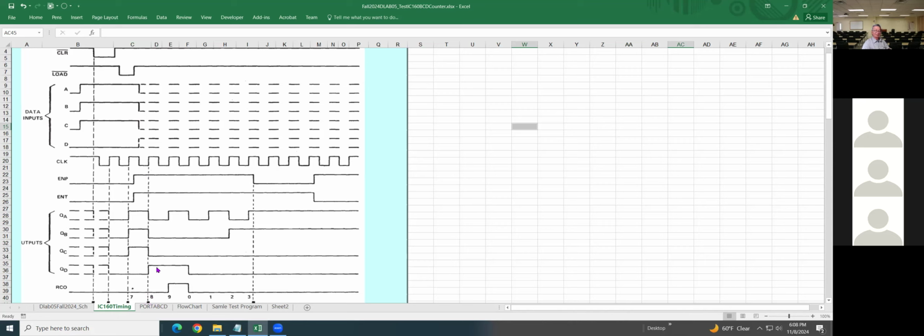Number 8 means 1, 0, 0, 0. And make sure load must be 1 and the clear must be 1.